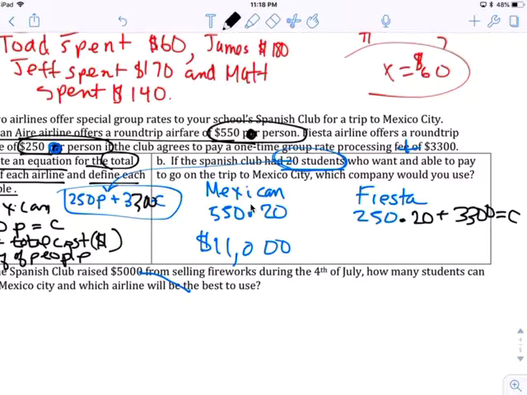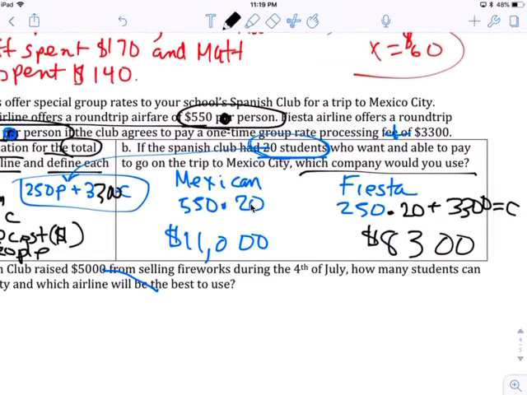Okay, so let's use a calculator. 250 times 20 plus 3,300 is 8,300 for 20 people. Who would you choose? I would choose Fiesta. Saves me almost $3,000.